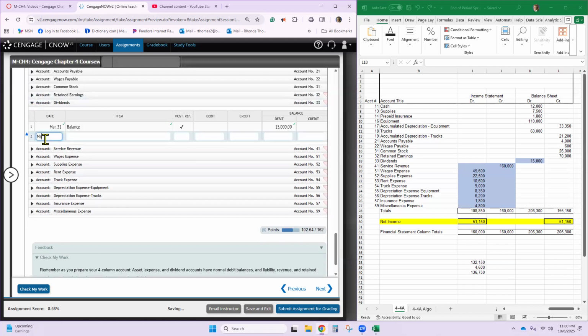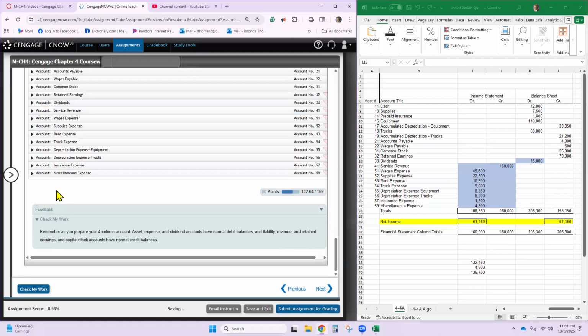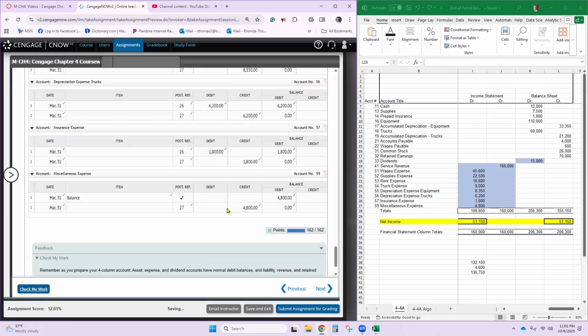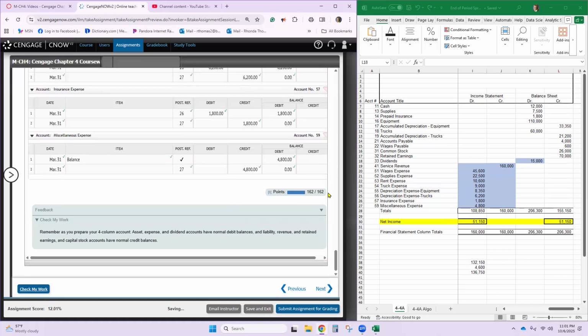Close it, and then we need to make dividend 0. That should be our last posting here. And then the last thing we'll do is put in a post-closing trial balance. So we want to get rid of this. So now it has 0 in it. All right, let's see what we've got now. Let's check our work. If we've got everything, see what we've missed. Got 162 out of 162.